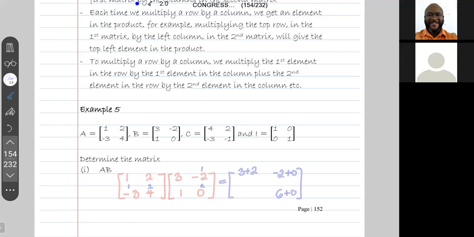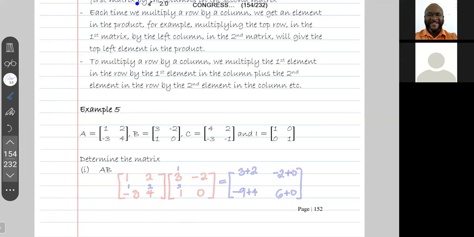Lastly, I'm going to multiply the bottom row by the left column. Minus 3 times 3 is minus 9. First element in the row times the first element in the column. And then 4 times 1 is 4.